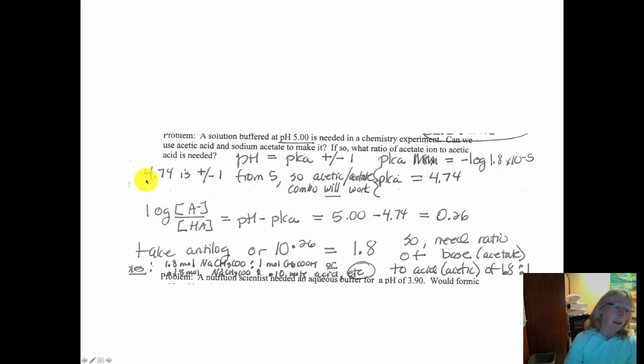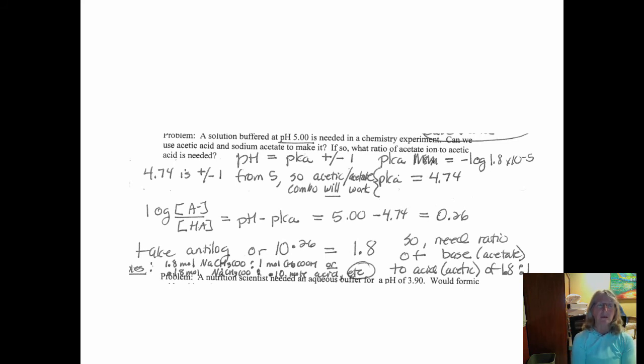Maybe you've memorized that number by now too, I don't know. But I noticed that that's a pretty good choice because it's not greater than 1 or less than 1 from the magnitude of 5. Your choice is looking for a pKa that isn't more than 1 point above or below your desired pH. So that's a pretty good choice. So that combination will work.